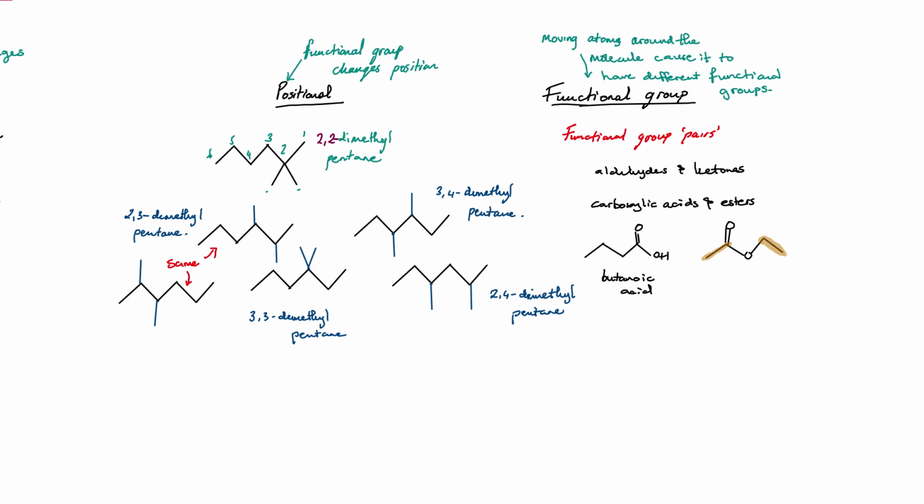So the molecule name here is ethyl ethanoate. Okay, so these are both functional group isomers, like I mentioned. Again, if you have a look at this bit I'm shading in, it has changed position from there to there. It's kind of gone to the middle of the chain.